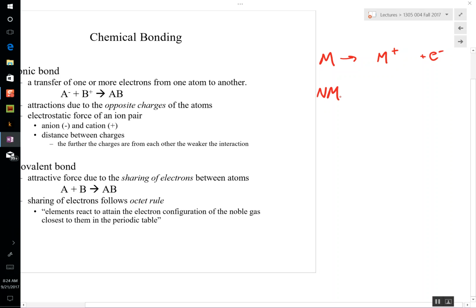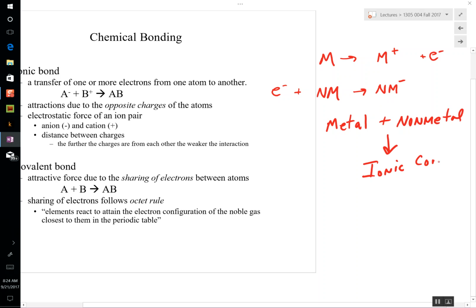A non-metal plus an electron forms a negative ion. So ionic compounds typically are a metal reacts with a non-metal. This is the basic formula for an ionic compound.